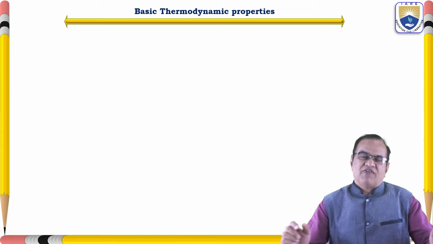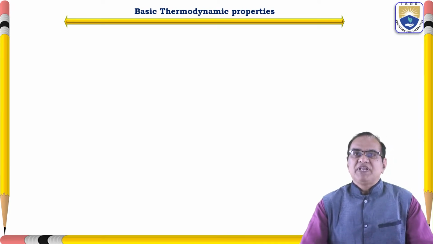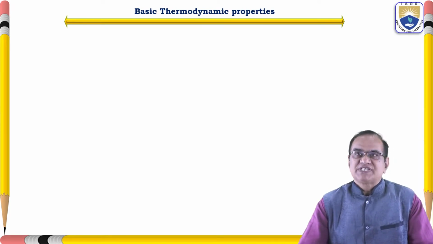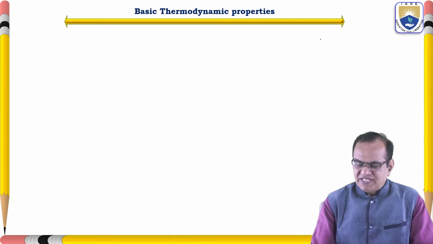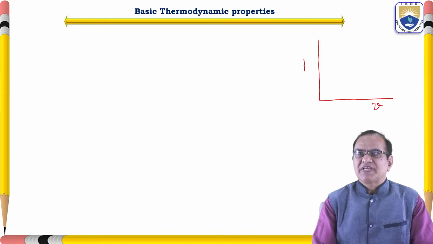We know that for any pure substance, we require a minimum of two properties to give the state of the substance. As I have shown previously, suppose this axis is specific volume and this is the pressure.